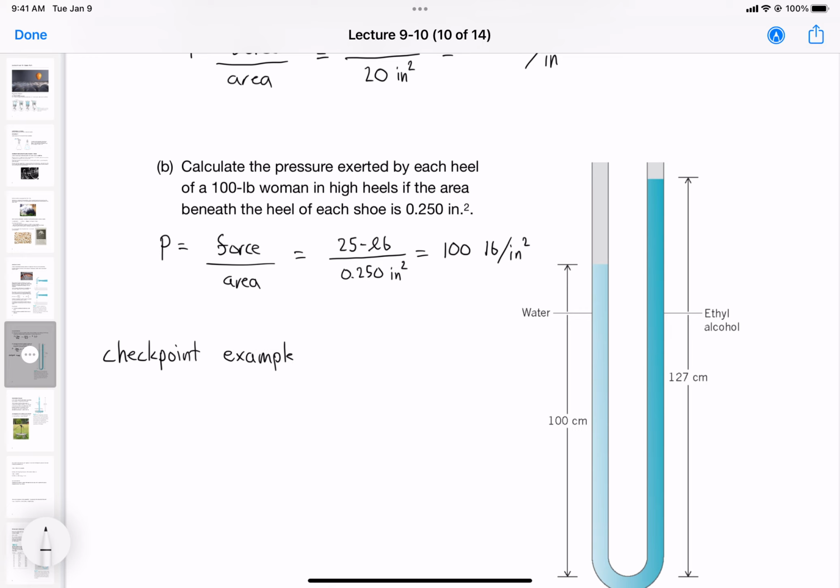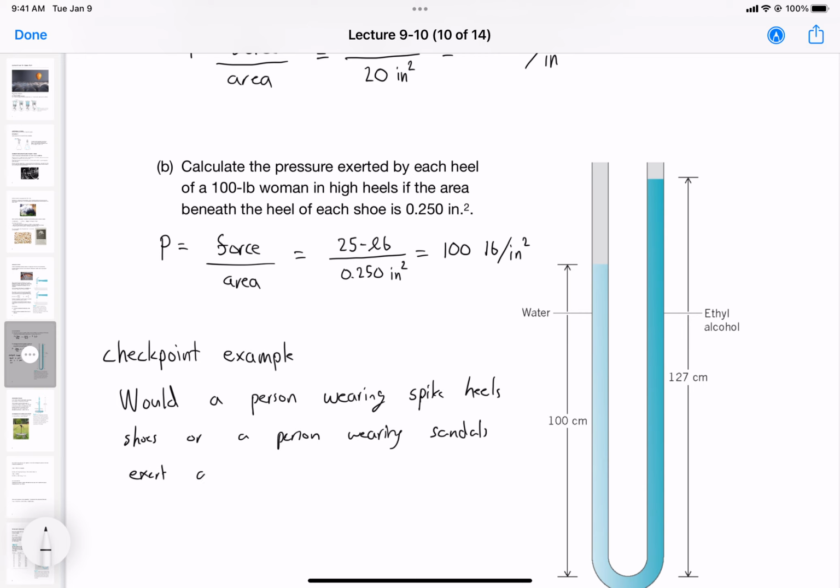Would a person wearing spike heel shoes or a person wearing sandals exert a greater pressure on a hardwood floor?